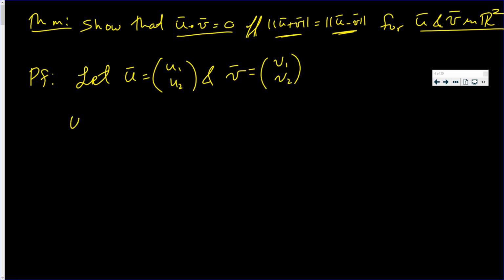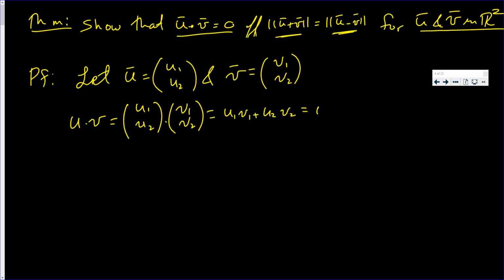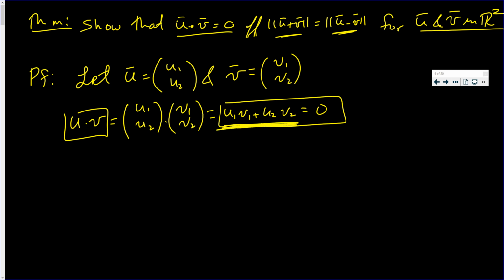Now, we know that u dot v, which is (u1, u2) dot (v1, v2), is u1 v1 plus u2 v2, and that equals 0, because we set u dot v equal to 0. So this equation is important.